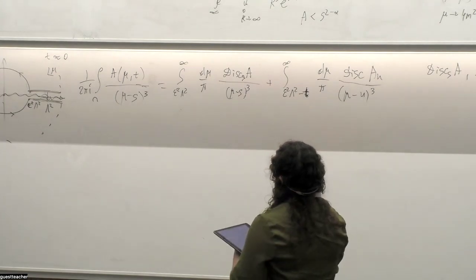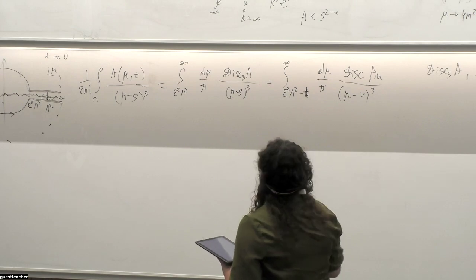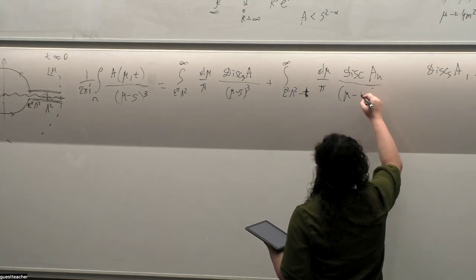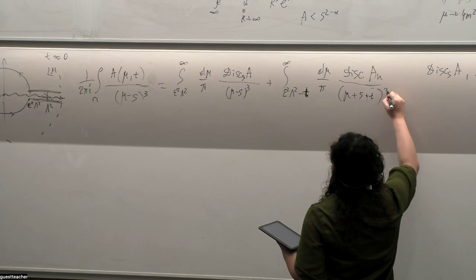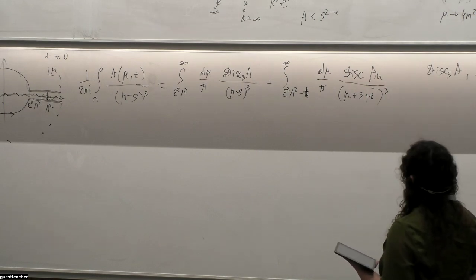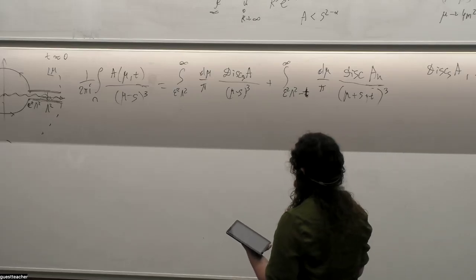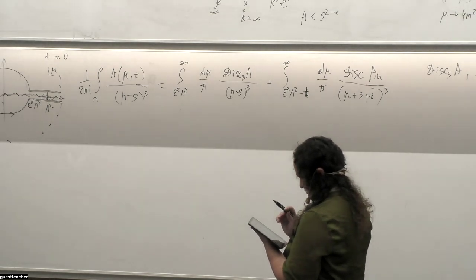But in this way, I can derive this quantity first. What's new is happening because here it's minus u, which means mu plus s plus t cubed. Lambda is still the ultraviolet cutoff.